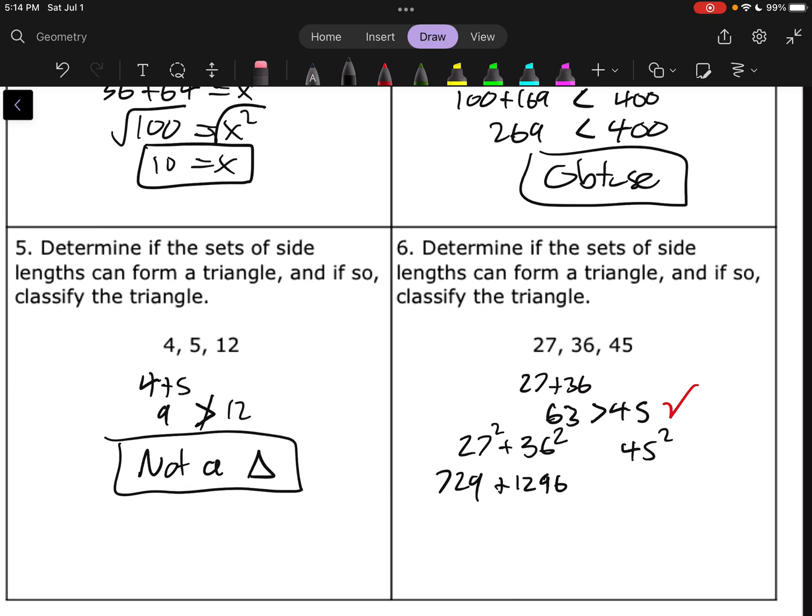And then 45 squared is 2025. So let's add those together. 729 plus 1296. Ooh, that is 2025. So those are equal. And if those are equal, that is a right triangle.